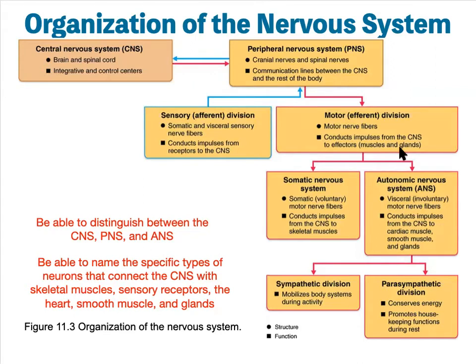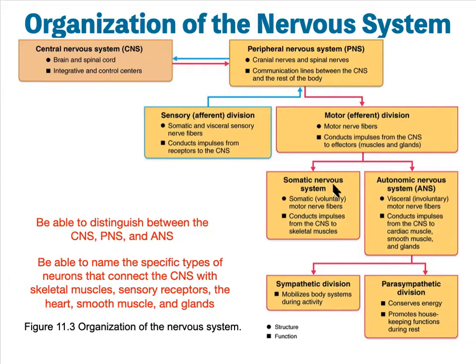So in other words, they bring about a motor response. The motor division has two main parts: the somatic motor system and the autonomic nervous system. The somatic nervous system is composed of somatic motor nerve fibers that conduct impulses from the CNS to skeletal muscles.